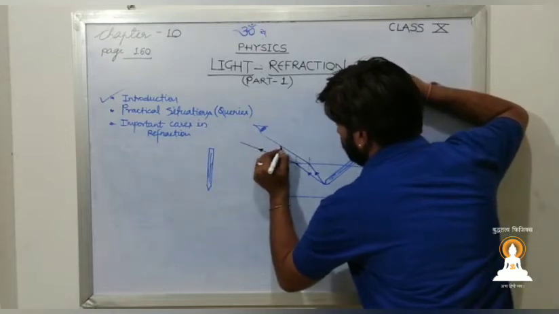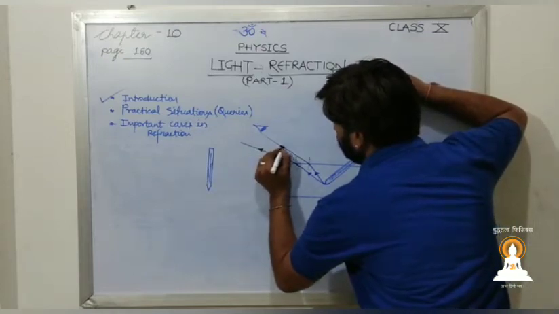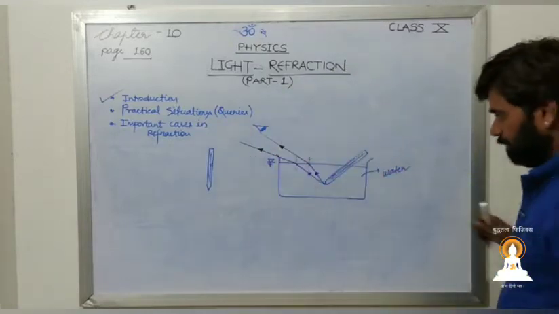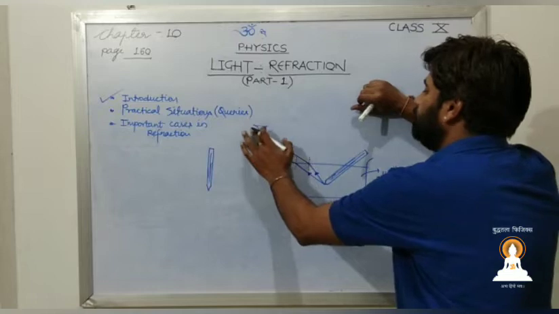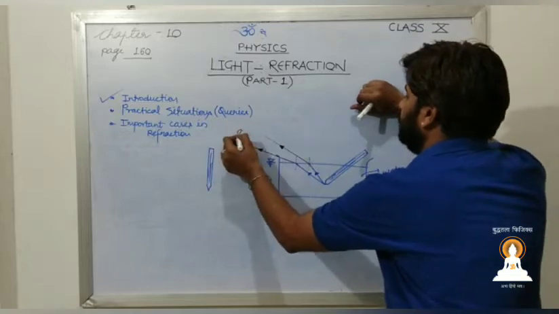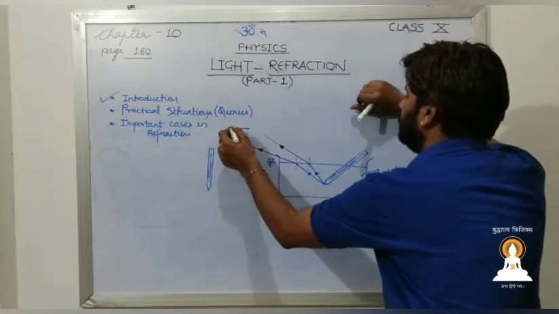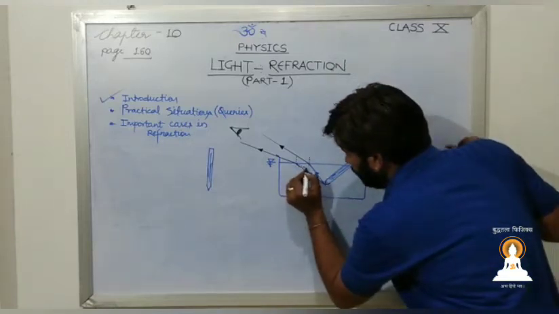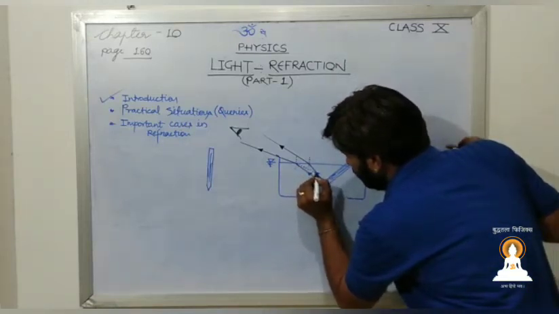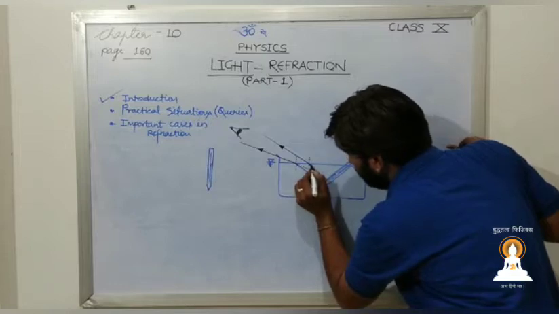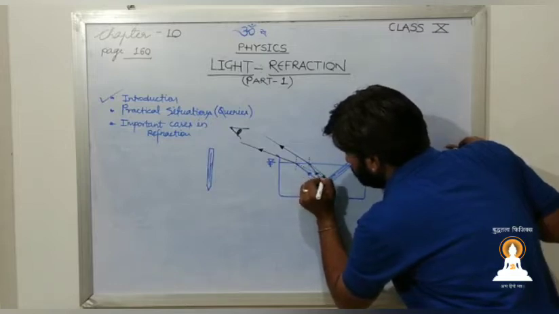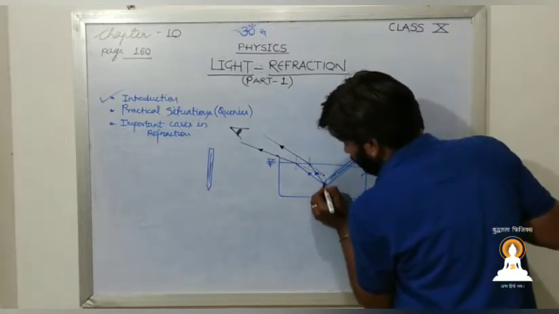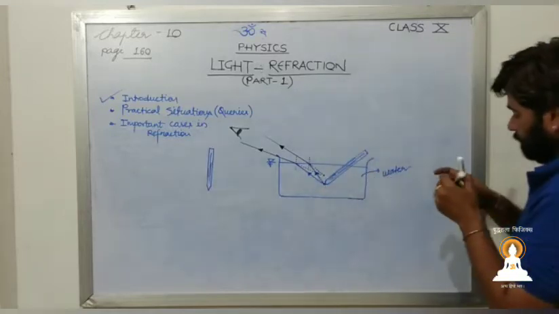Say, because so many rays are there and we do not have any type of meter to identify in which direction it is moving. But yes, when they move towards the observer and I extend them back, you will see this is the point of the tip.